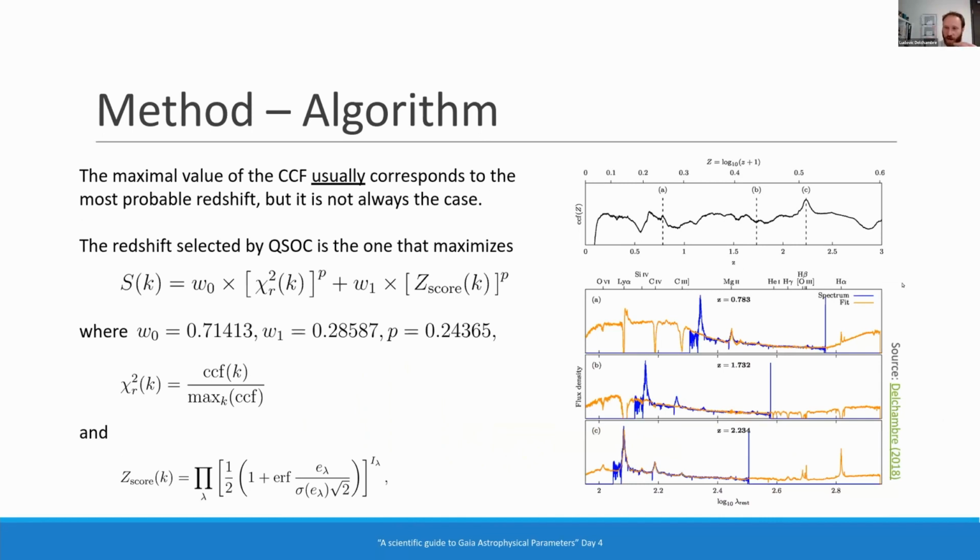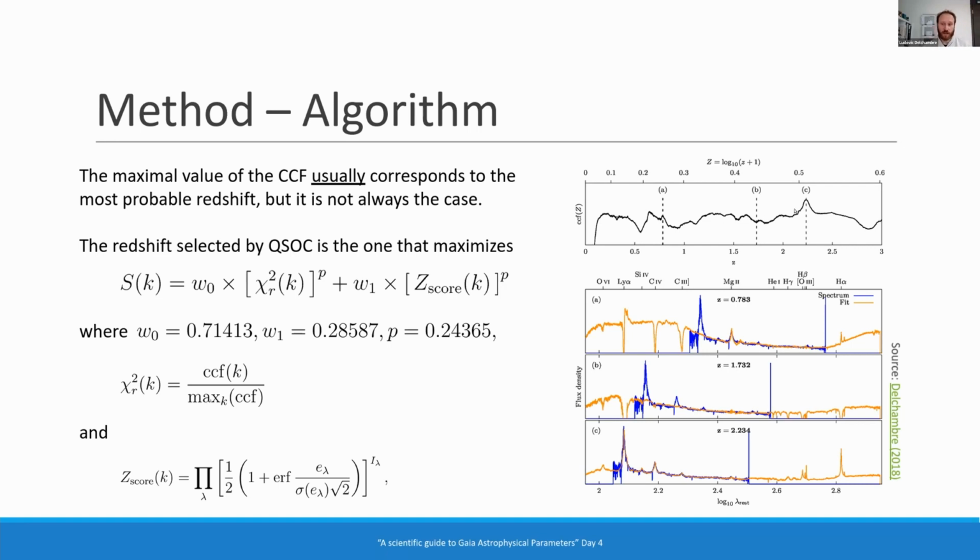So going back to this cross-correlation function, as I said, usually the maximal peak of the cross-correlation function corresponds to the most probable redshift. A local maximum, so for example here in A, corresponds to the fit of some emission features to the template, while a local minimum will correspond to the fit of virtually nothing.